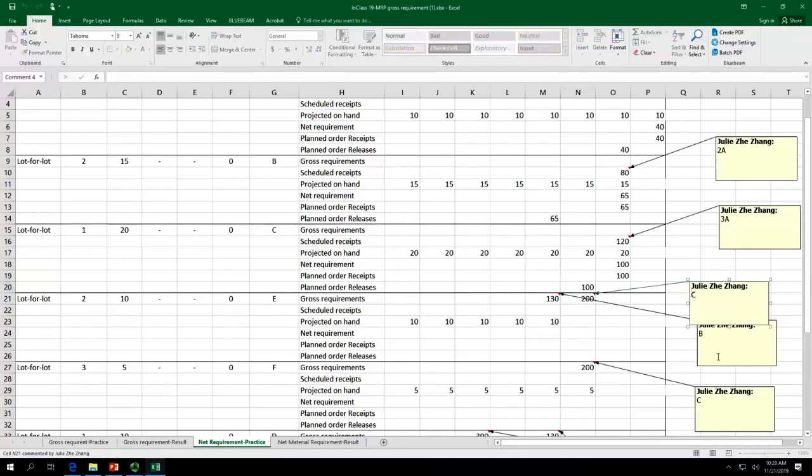And this is part E. Part E is associated with both B and C. So it needs 2 B's and 2 C's.